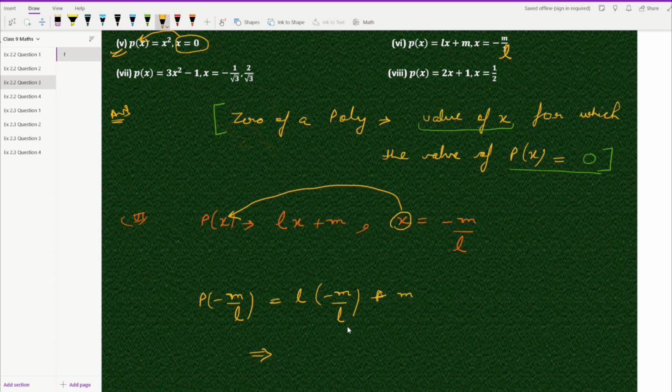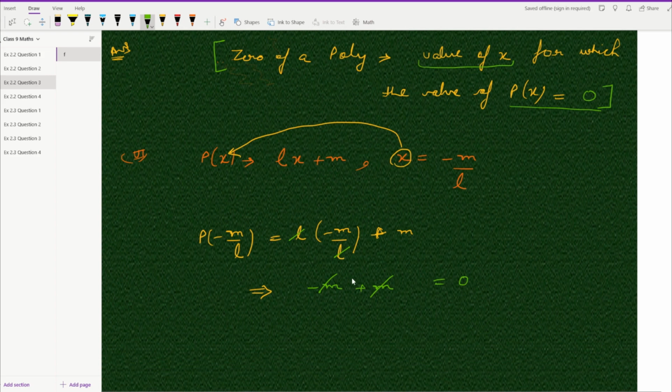So this is equal to, see now here the l will cancel with l. So it is minus m plus m. So finally the answer is going to be 0. It means that for this value of x equal to minus m upon l, the polynomial's value has become 0.